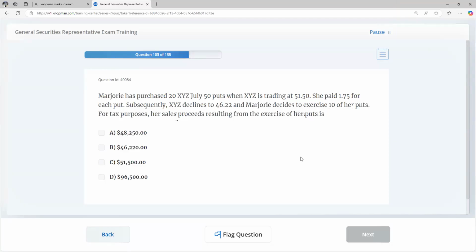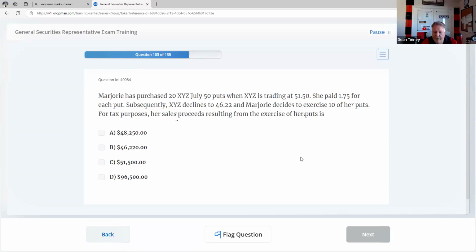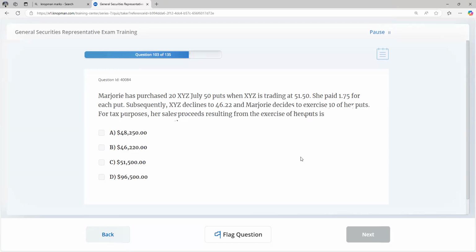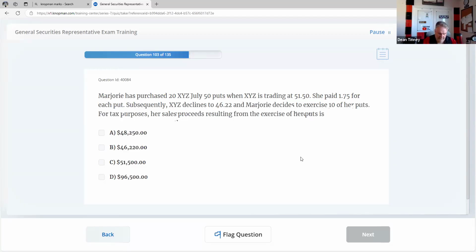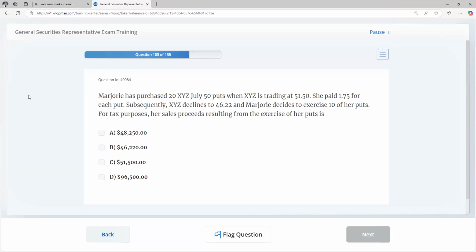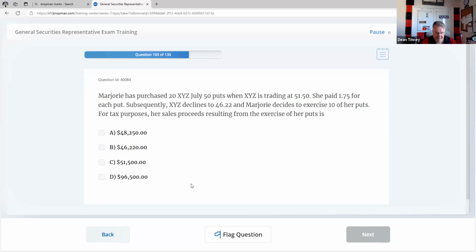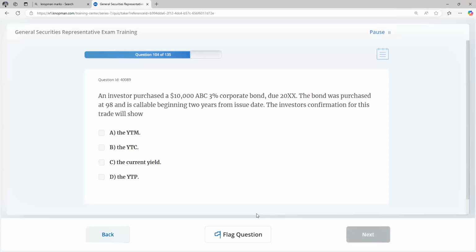So that's going to be 50 minus $1.75, which is 48.25, and we have 1,000 shares there. I say 48,250. Is that what you're going to say? Yeah. A. I just got a little thrown off because of how many.